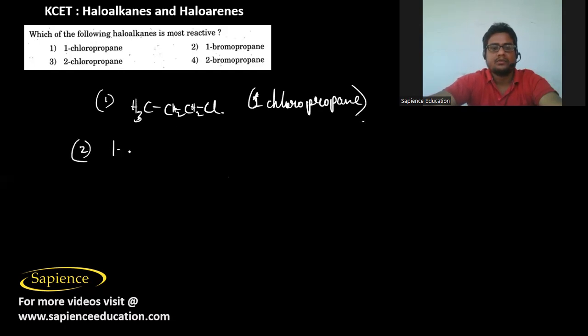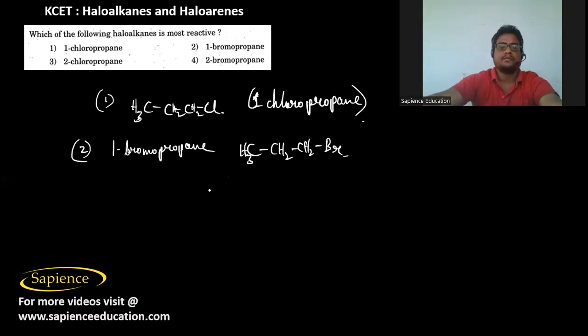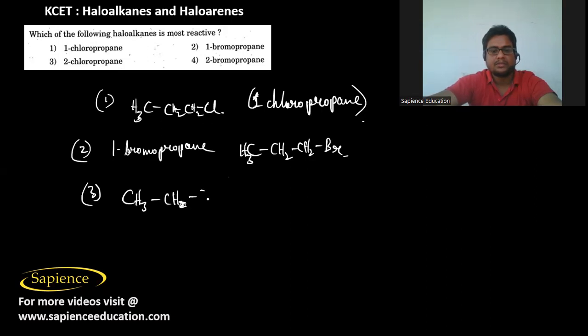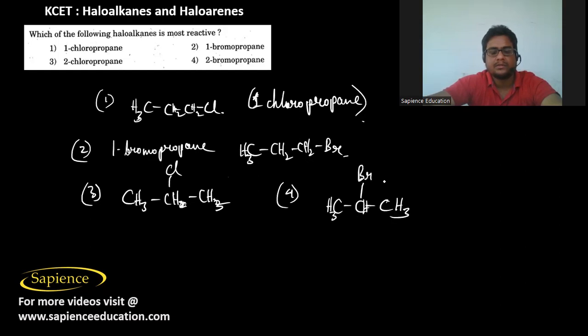The second one is 1-bromopropane, which is CH3CH2CH2Br. The third one is 2-chloropropane, which is CH3CHClCH3. And the fourth one we have is 2-bromopropane, CH3CHBrCH3.